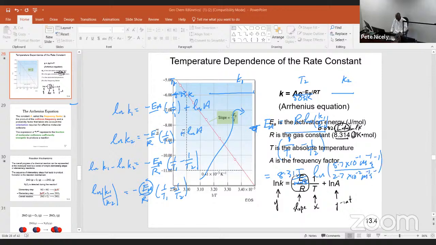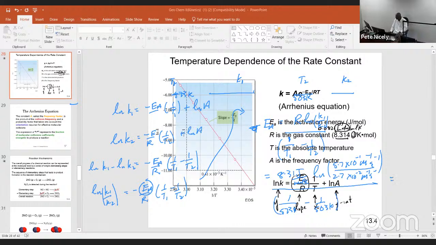And then below, as the denominator, I'm going to put 1 over T1. T1 is 573 Kelvin, minus 1 over T2, which is 503 Kelvin. And that's it. And then you do your number crunching.